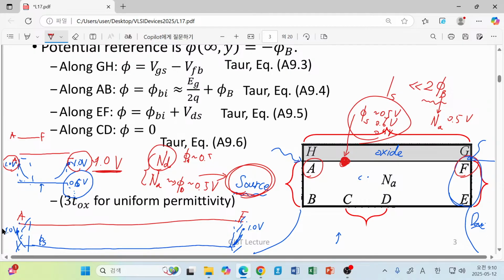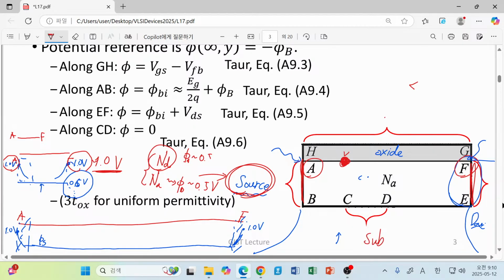That is the problem. So please note that although we consider different boundaries, actually we have 4 different boundaries. One is the AB boundary connected to the source, and the EF boundary connected to the drain. And also we have a lower one connected to the substrate contact, and the top one corresponding to the gate, but the gate is shared by all cases, so that doesn't matter. So we have three other sides, but the important ones are AB and EF.